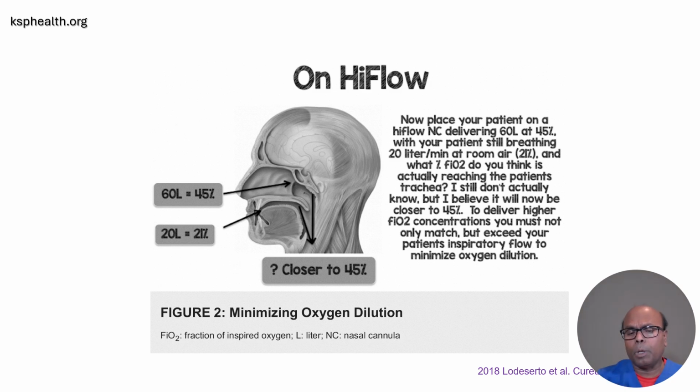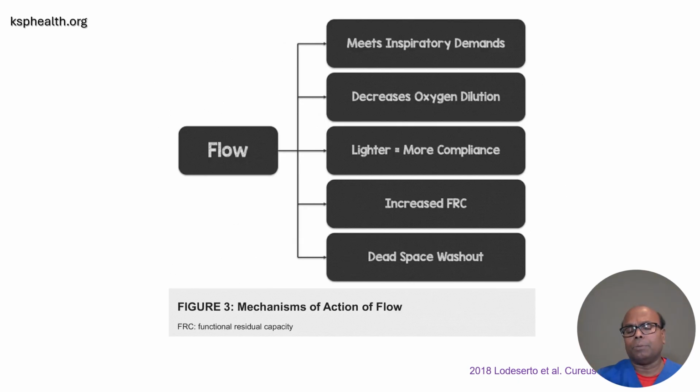Most likely it is going to be closer to 45% rather than 21%. So high flow minimizes oxygen dilution. In addition to meeting the demand of the patient and decreasing the oxygen dilution, it's also lighter than using a face mask or nasal mask.